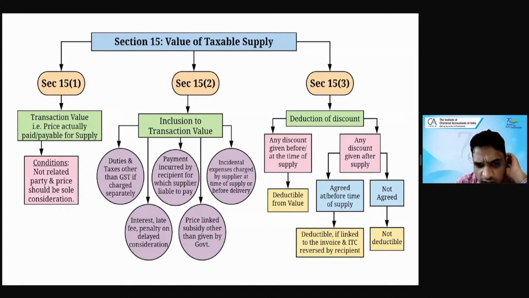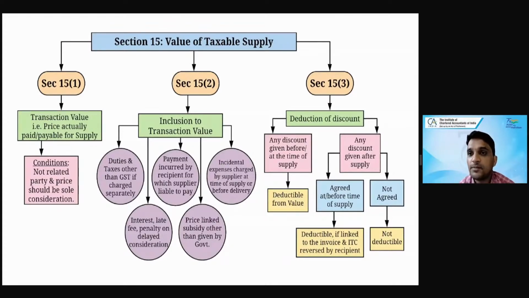So in the third case, what if the customer is not reimbursing the expense? Incidental expenses, that is a contractual term between you and the customer. We have said that incidental expenses, we will charge for the supply, right? If he's not paying, it is still a value for the purpose of transaction value, because say you had agreed with a customer for 1 lakh rupees.